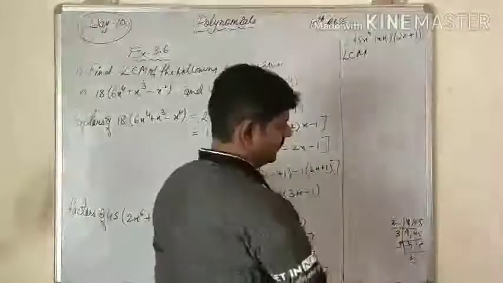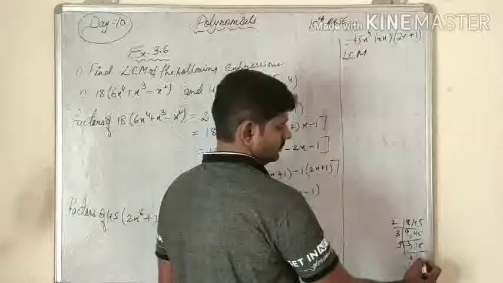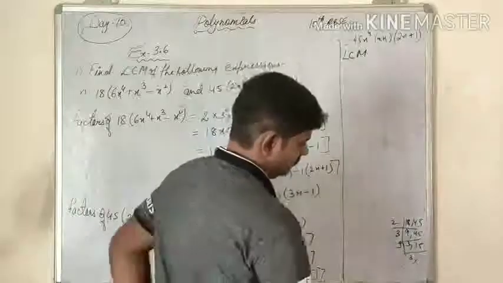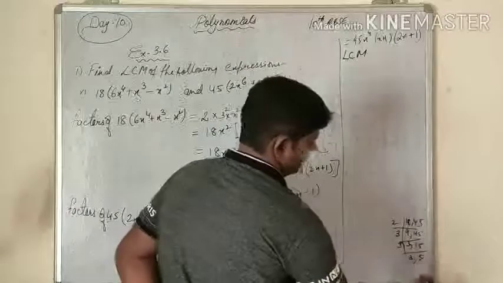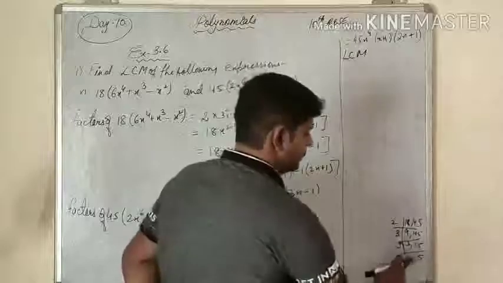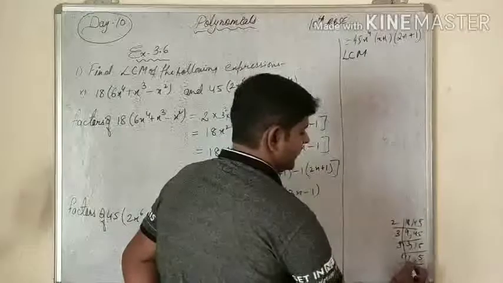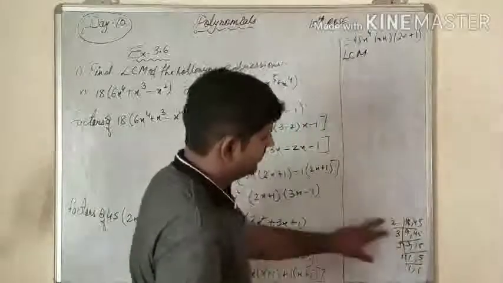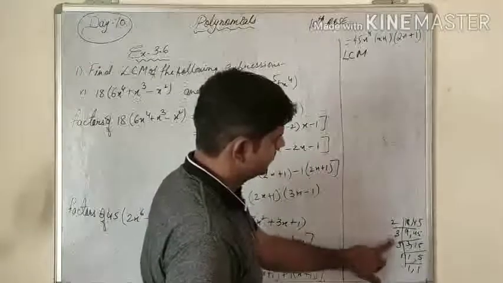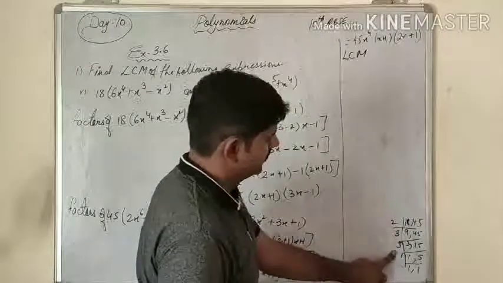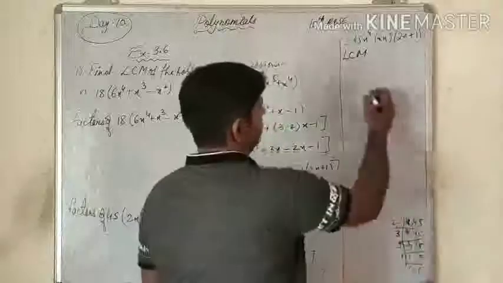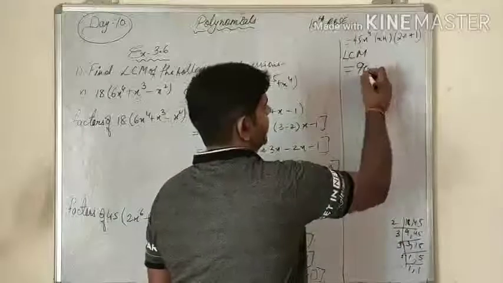And there will be 5. There is 1. If we divide by 5, then 1 comma 1. So LCM is 2 threes are 6, 6 threes are 18, 18 fives are 90. So LCM is 90.